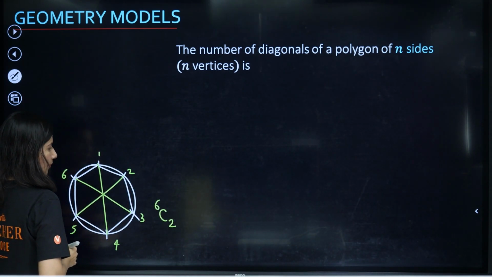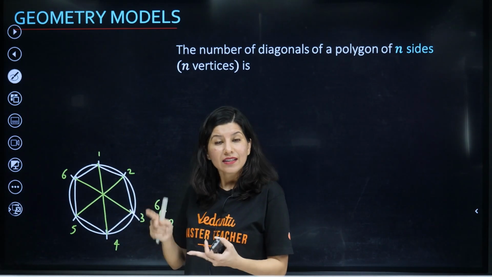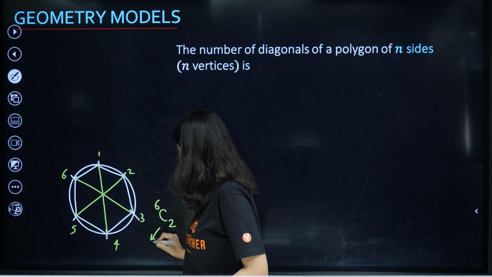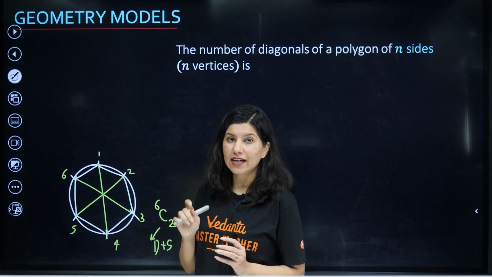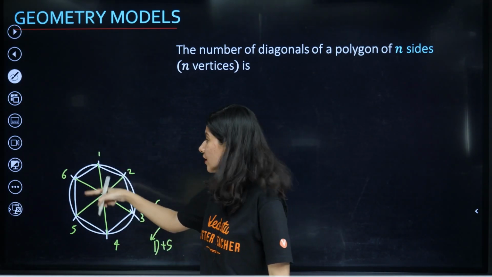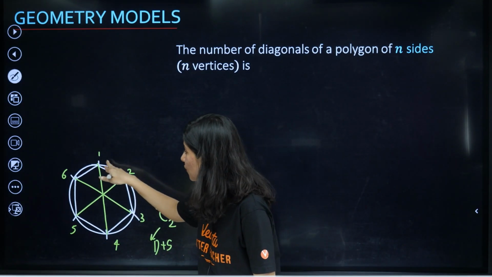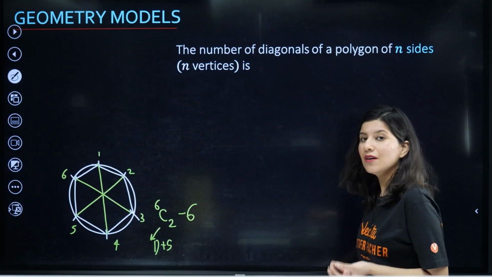6C2. But this 6C2 will have all the lines, diagonals plus sides. We are only looking for the diagonals, so why can't we just exclude the sides? There will be 6 sides. If I remove the 6 sides, then the remaining will be only the diagonals.